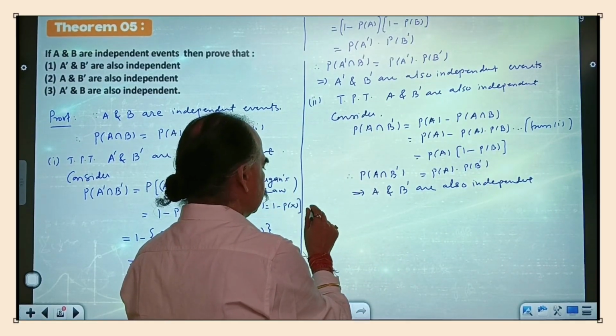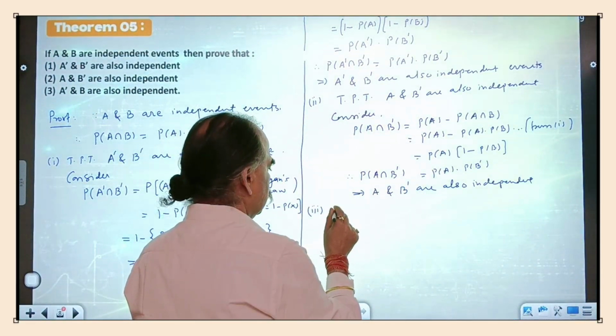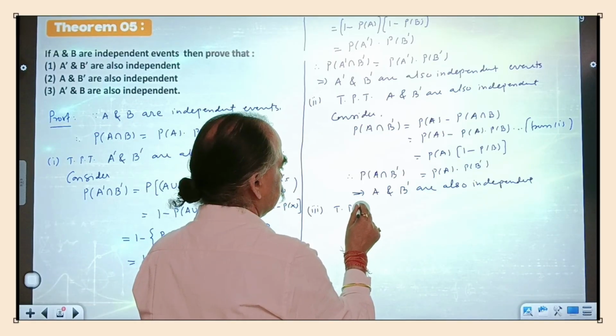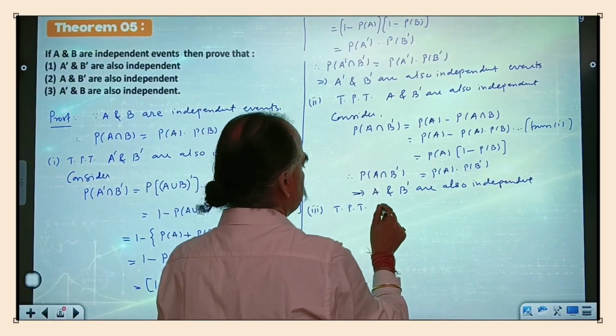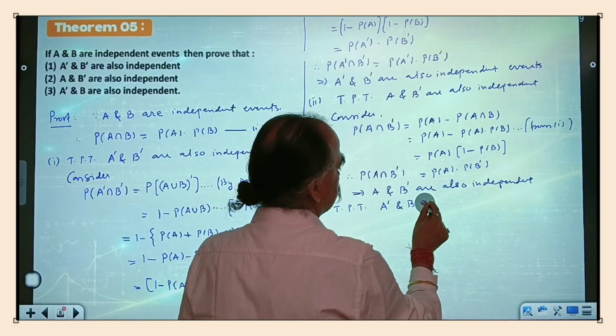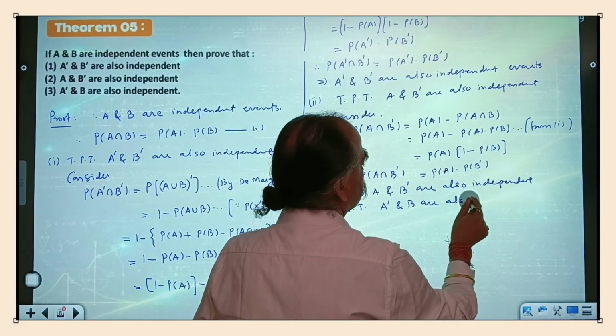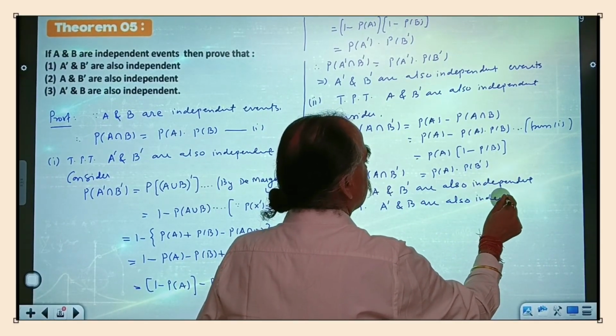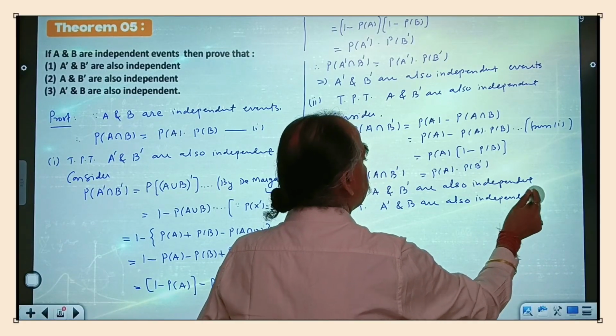And third part is what? To prove that A dash and B are also independent.